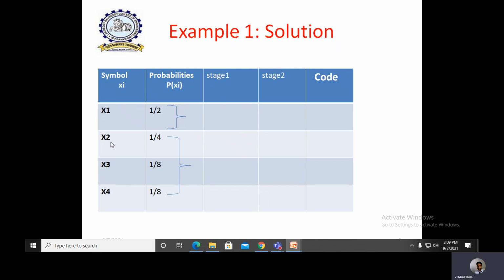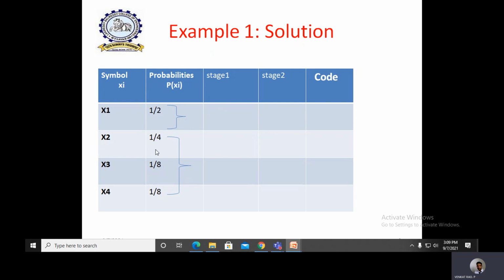Then we add the probabilities of these 2 subgroups. If we add these 2, 1 by 2 plus 1 by 4, that is 3 by 4. And the probability of these 2 is 1 by 8 plus 1 by 8, that is 1 by 4. So this is 3 by 4, this is 1 by 4. 3 by 4 is very high compared to 1 by 4, so this division does not match our rule.